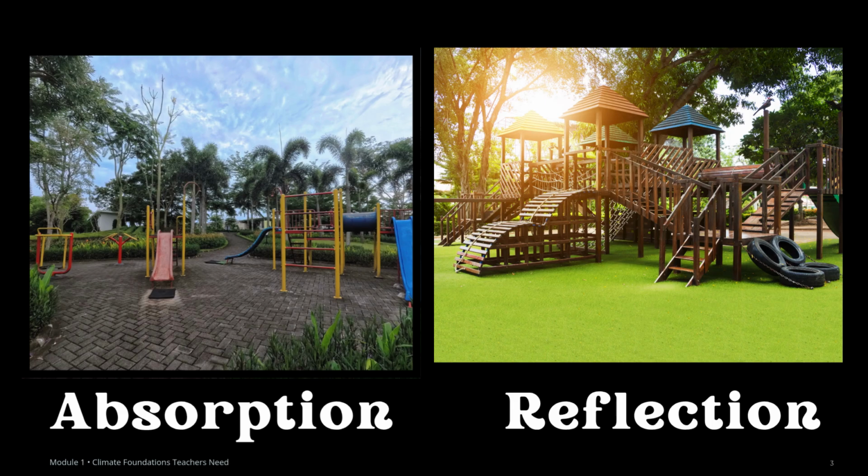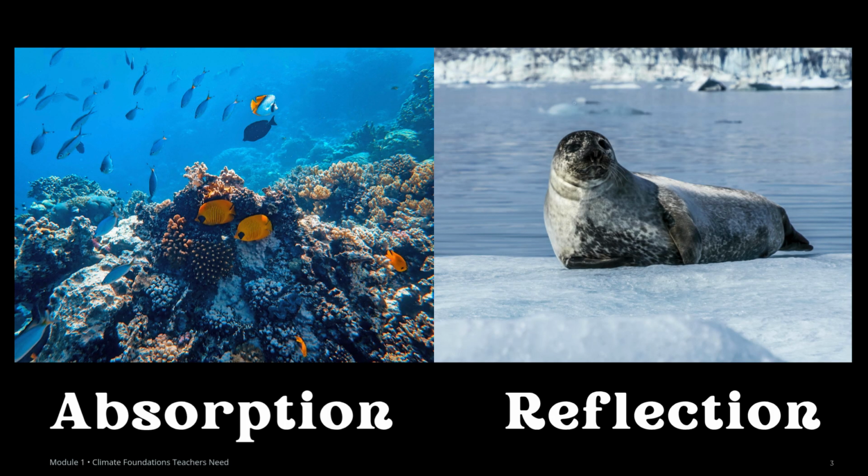A playground with darker pavement will get much hotter than grassy or shaded areas. Also, an ocean is going to absorb energy very differently than an ice sheet, which will reflect that energy.